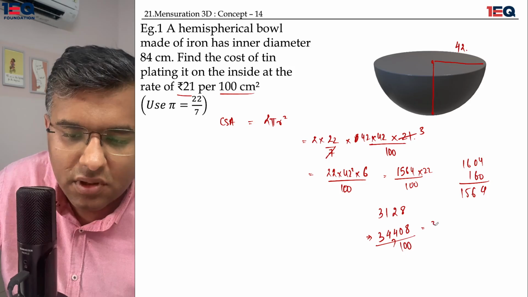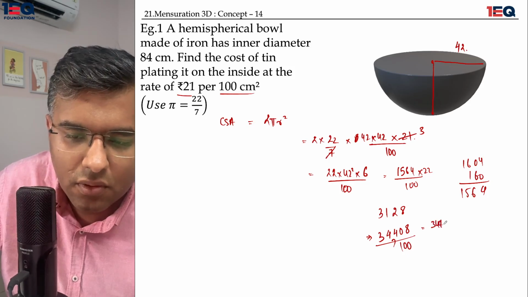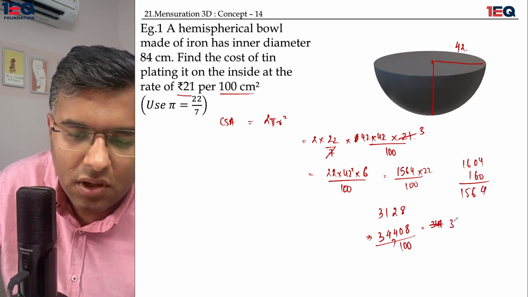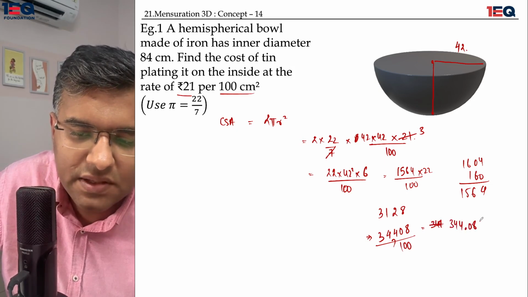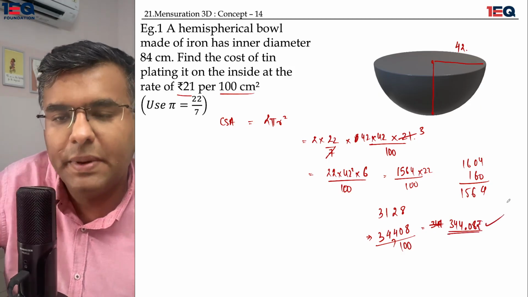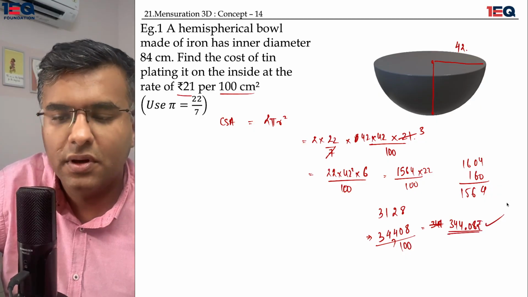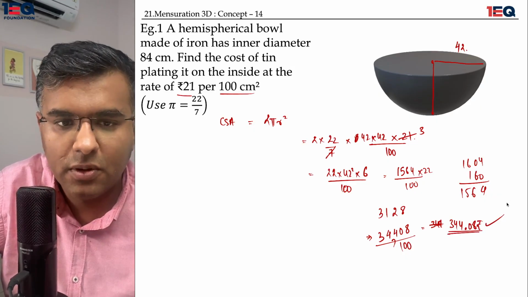So 388 rupees and 8 paise, or 388.08 rupees is going to be my answer, right? I hope you were able to understand this. Okay, let's go forward.